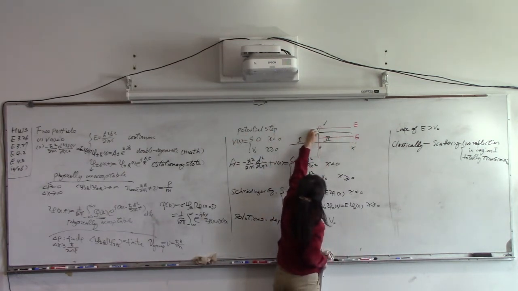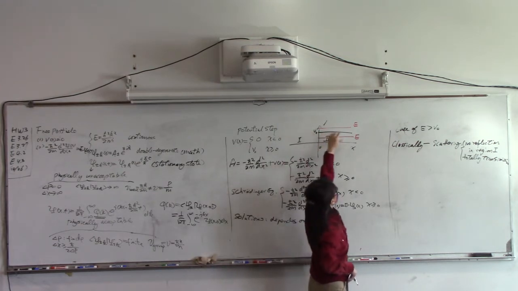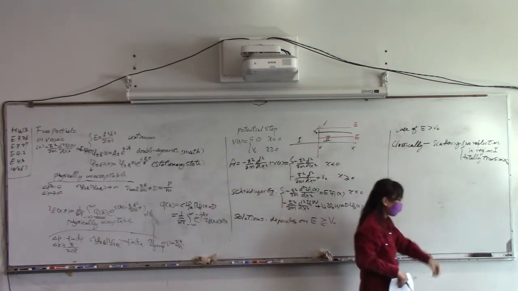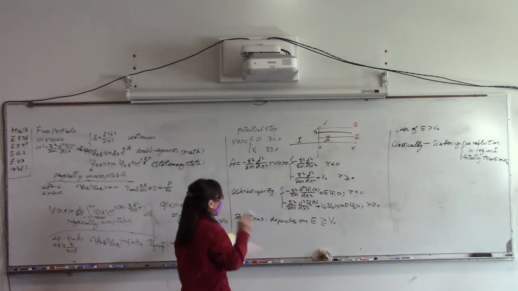That means if it comes to here, it will not go back. No reflection, classically. The barrier clamps the energy up, but the particle can still keep going. That is classically.